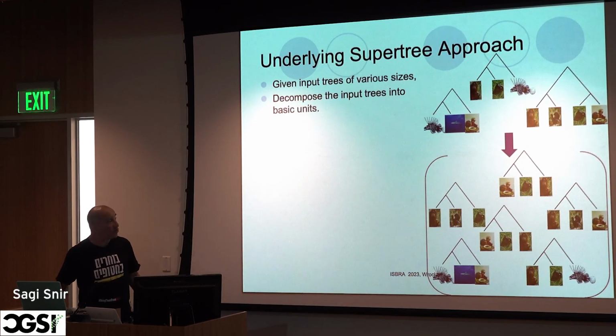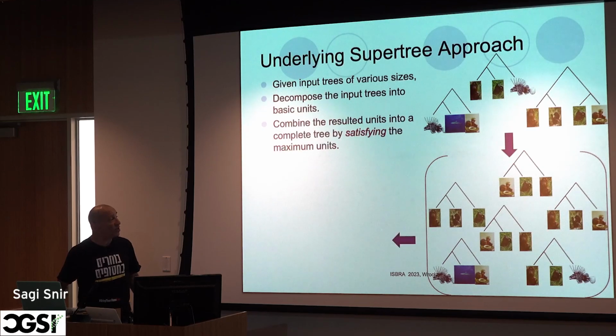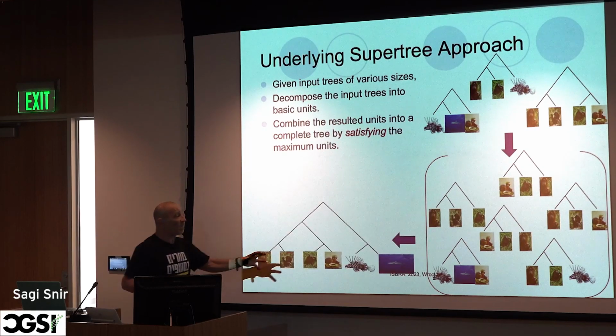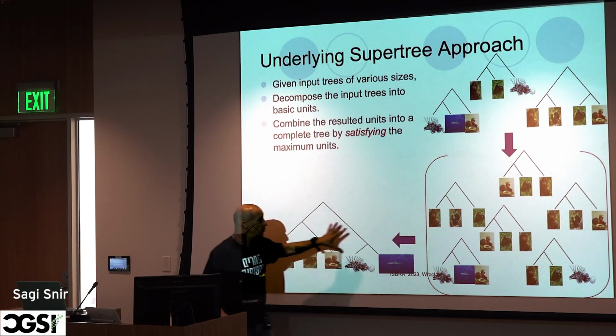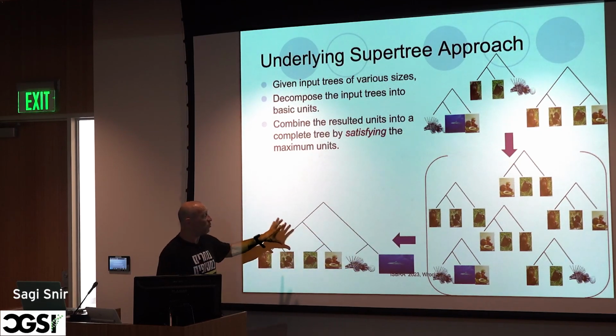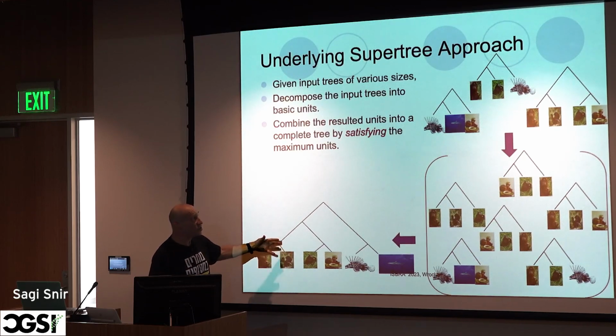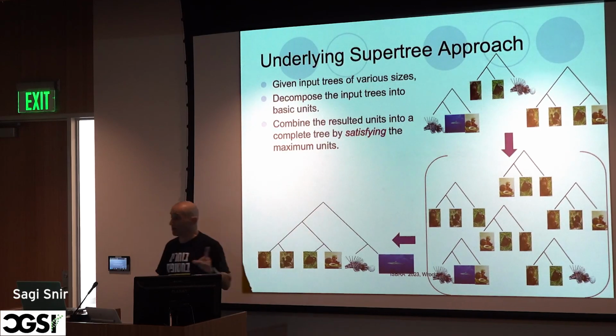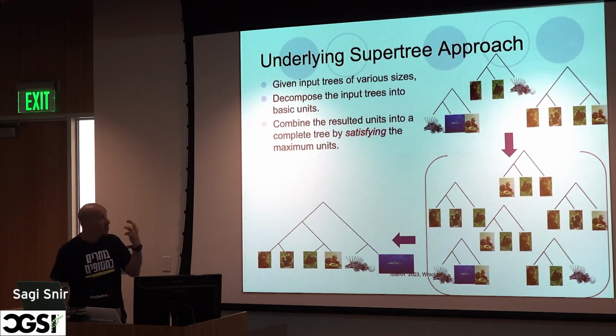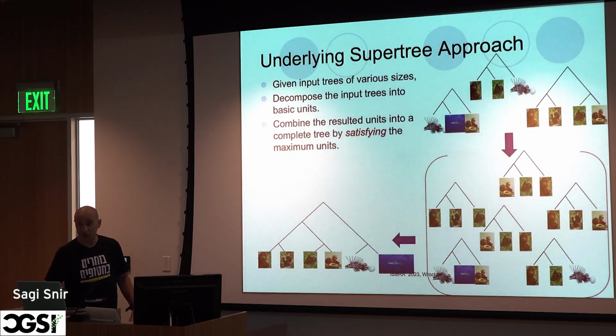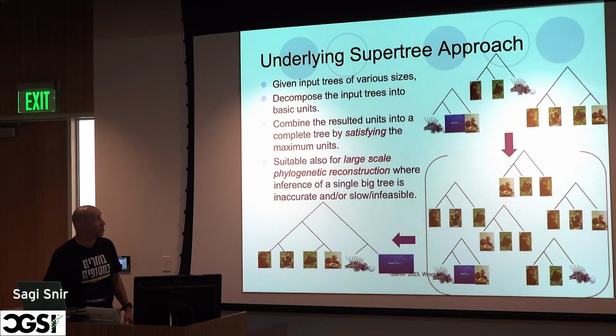We wish to see how much these triplets are represented here, how much this combination or summarization really represents our input. So this is the goodness of that reconstruction, the supertree reconstruction.